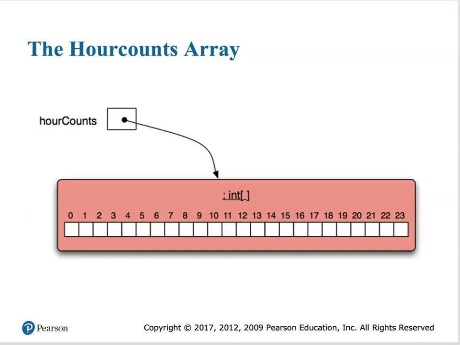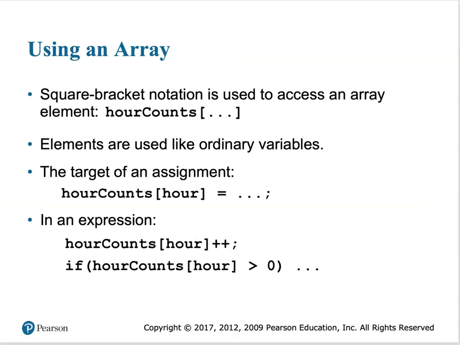In order to put information into the array, we need to specify which of these spots the value is going to go into. We do that by using the square bracket notation. Square bracket notation indicates which slot we're either taking information from or putting information into. It represents the target of the assignment statement or the retrieval statement. Other than that, they're just like ordinary variables.